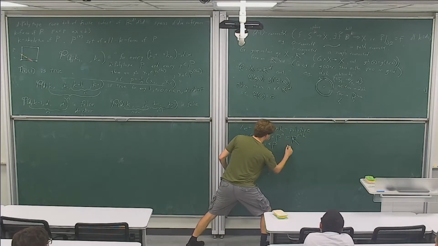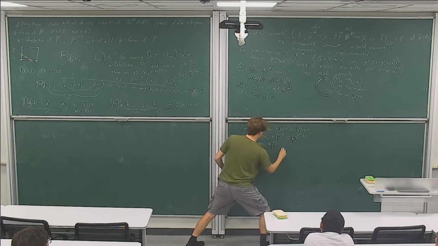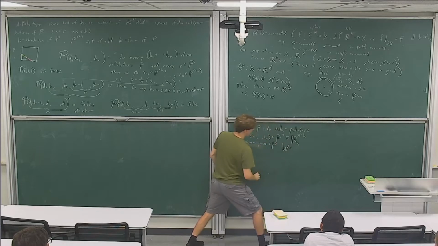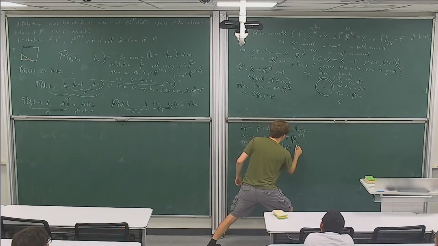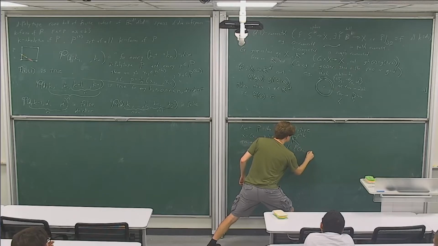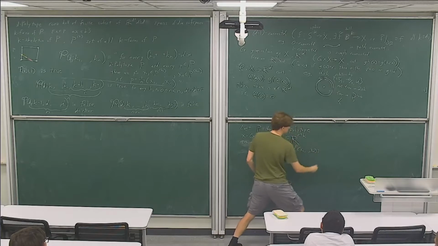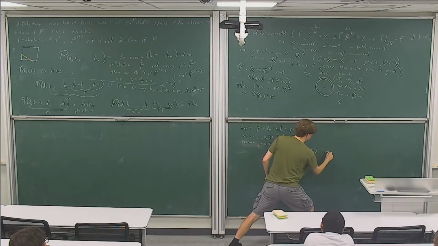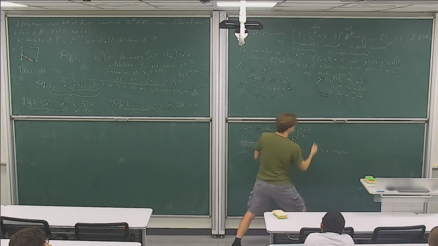So I'll write some space, I'll call it W, as the set of x1 through xn such that these sum to 0.